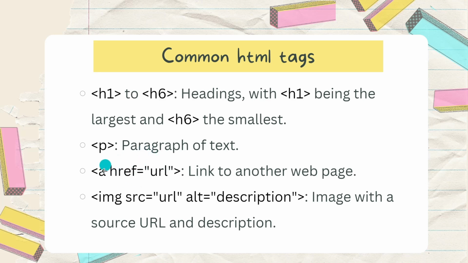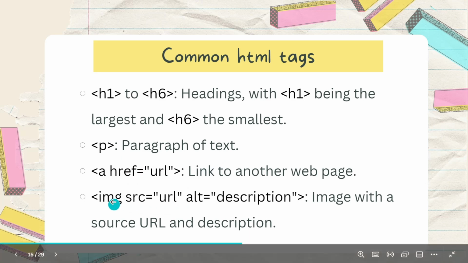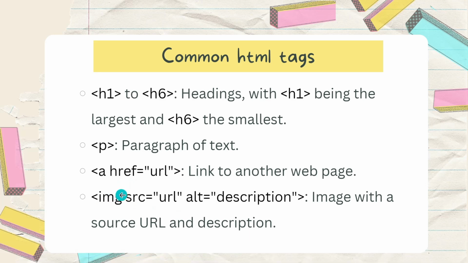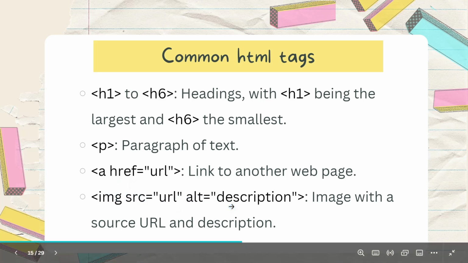And in this case, we have an attribute here. So what this href points to is that it specifies the URL of that linked page. We have the image tag. The purpose of the image tag is just to embed an image. So we use it to display pictures. When you add a particular link to an image here, it displays it on your web page. That's what this src attribute does.